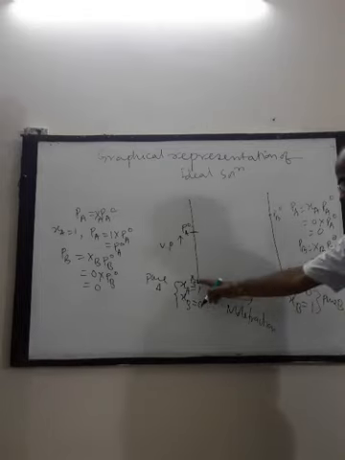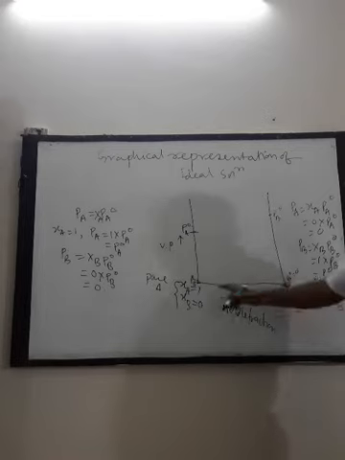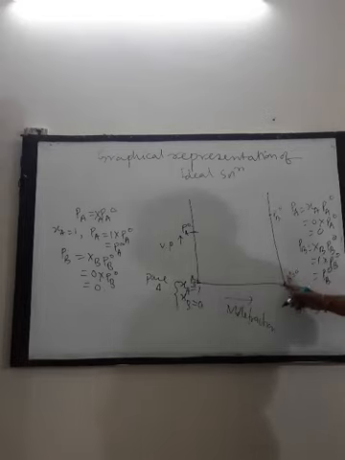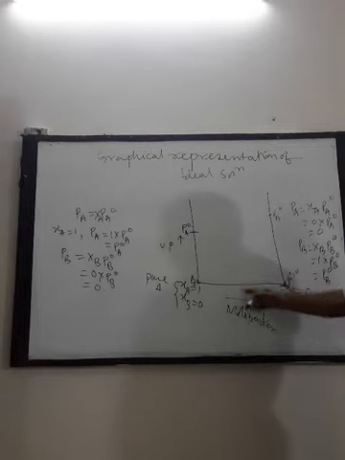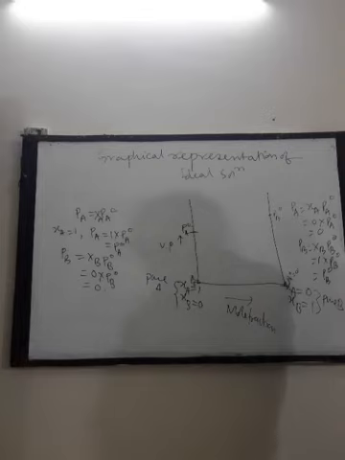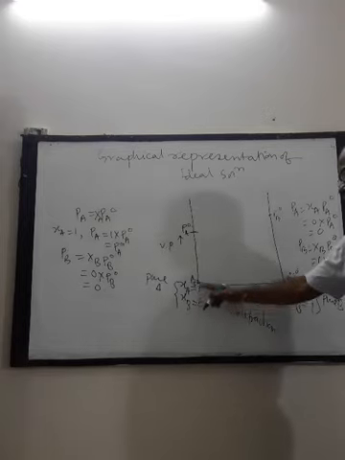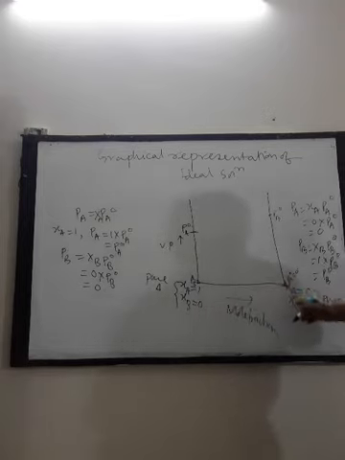As we move from this point to this point, value of mole fraction decreases from 1 to 0. It is between these 2 points, mole fraction of A, all fractional values, because this one 1 and this one 0. So between 1 and 0, it is all fractional values, and here also this one is 0 and this one is 1.